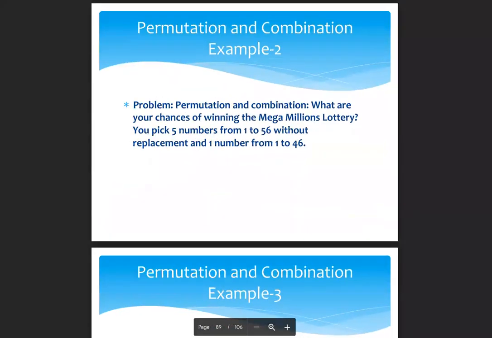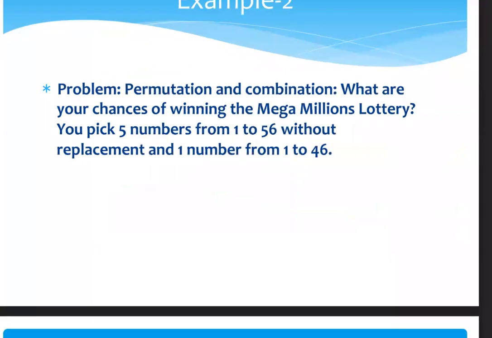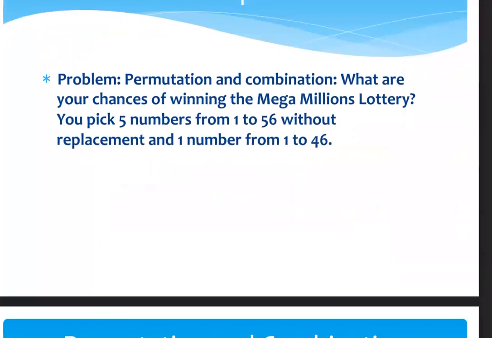Now, for this problem, I want you guys to spend a little bit of time thinking about it and try it. You're going to be using either permutation or combination, and then think of 2 independent events.